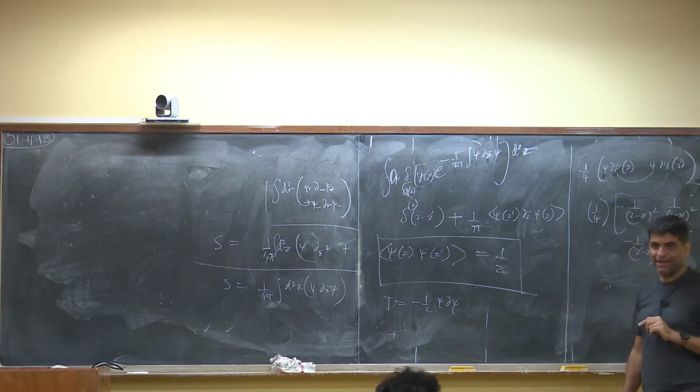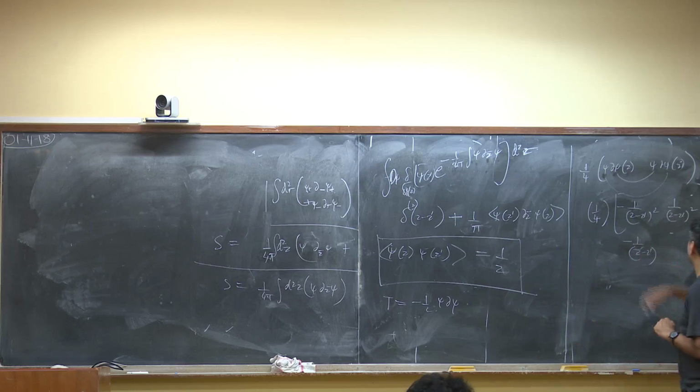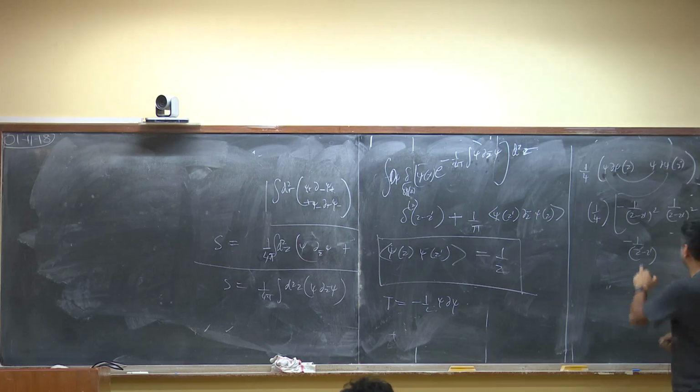Overall, with that minus, there will be a minus sign coming from only one of them. Overall plus: you have a minus from commuting, and then the two derivatives. Yeah, you're right. Overall, there's a plus.